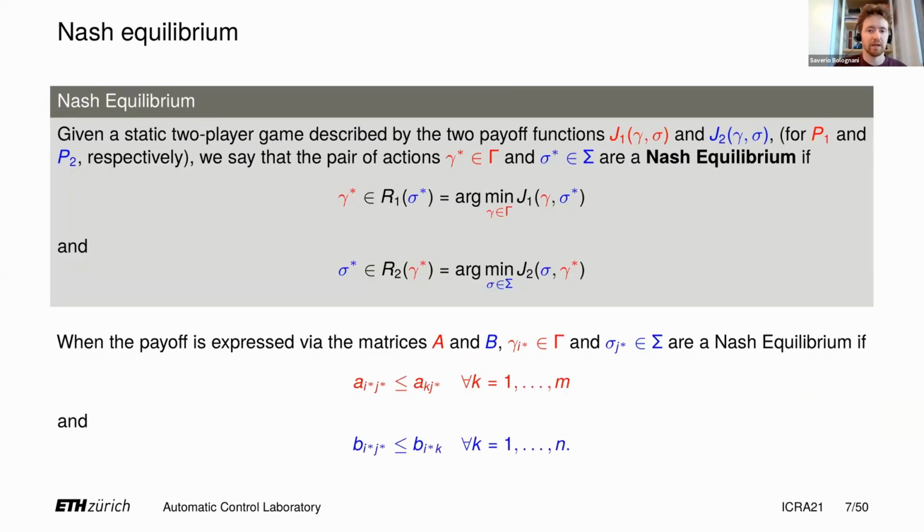The Nash equilibrium is simply the fixed point of best responses. What does it mean? It means that if you have a two-player game and they have their own two payoff functions for P1 and P2, then we call a Nash equilibrium a pair of actions gamma star and sigma star, such that gamma star is in the best response to sigma star, and sigma star is in the best response to gamma star.